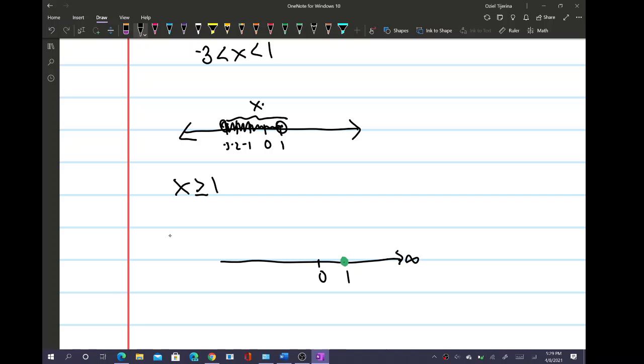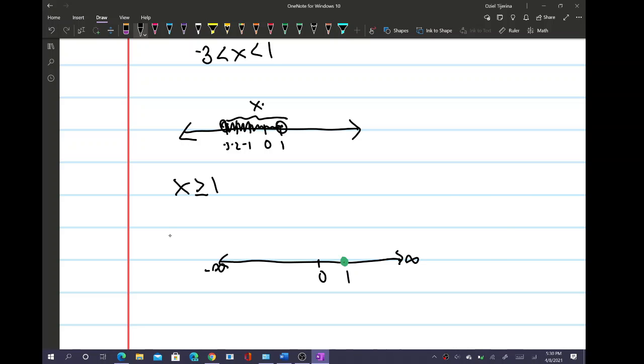This is infinity, this is negative infinity. Infinity means that it goes on forever on the right side, on the positive side, right? It goes on forever and ever and ever, it never stops. Negative infinity just means it goes on forever on the left side, on the negative side of the number line, right?